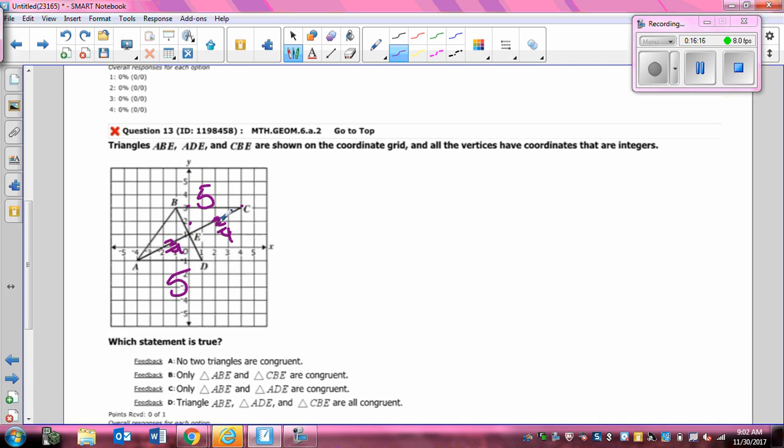And so all you really need to find out is this right here is down 2 and over 1. So this one is 2 over 1. And this one is also 2 over 1. So all you really need to find is the distance between B and A. If the distance between B and A is 5, it needs to be 5, then they will all be congruent.